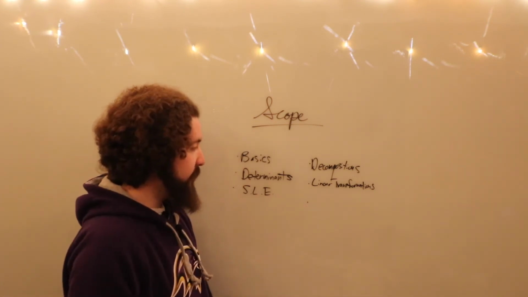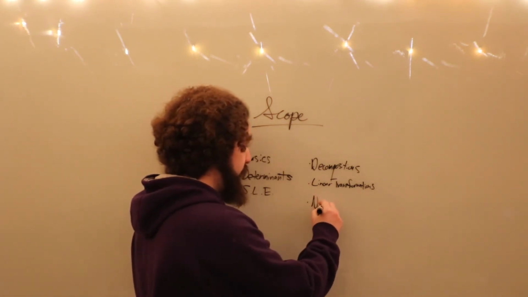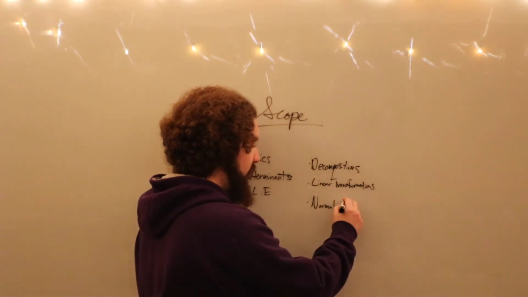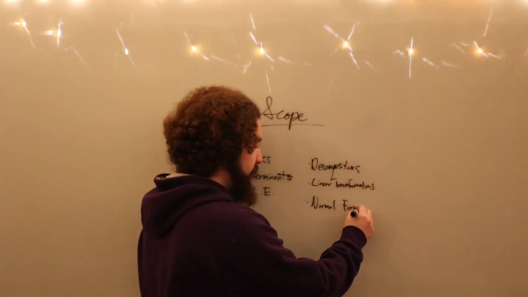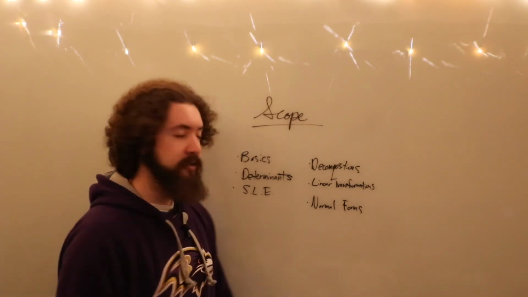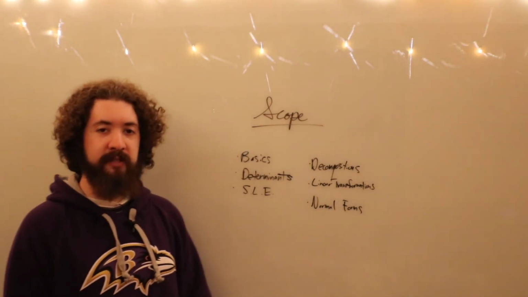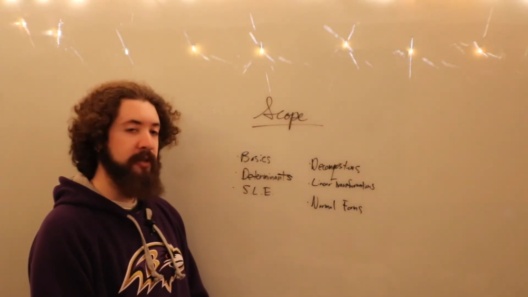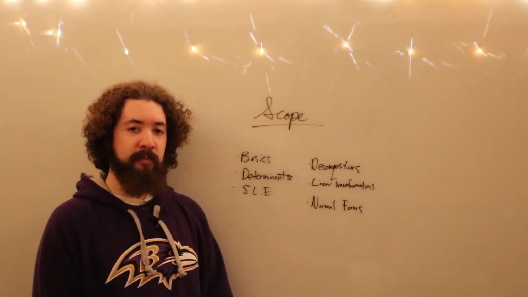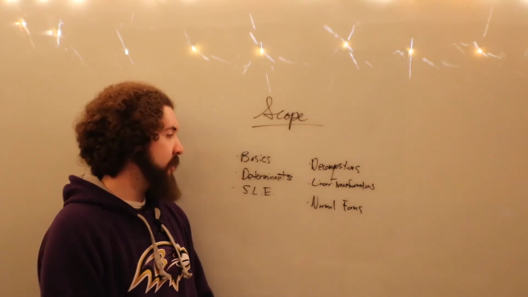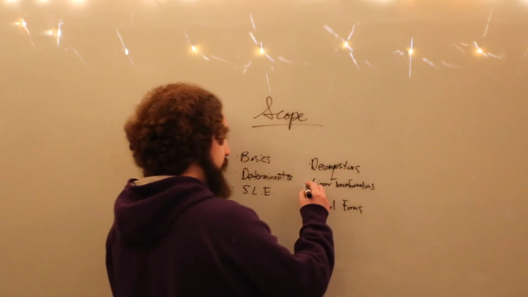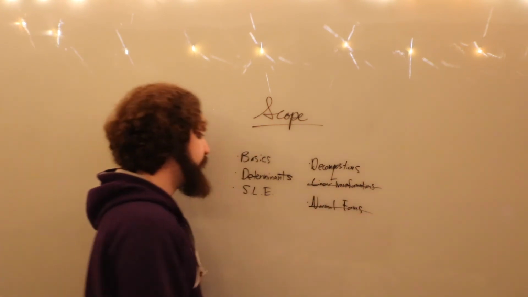And lastly, you might want to talk about normal forms. Of course, there are other topics within the study of matrices, but these are just very broad, large topics that one might wish to study. Well, we're not going to be talking about vector spaces. So these last two we are going to leave out.